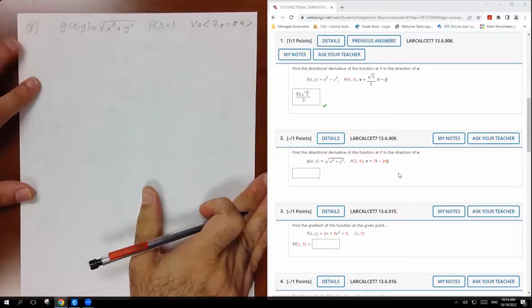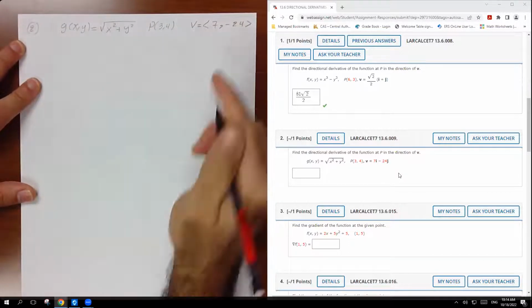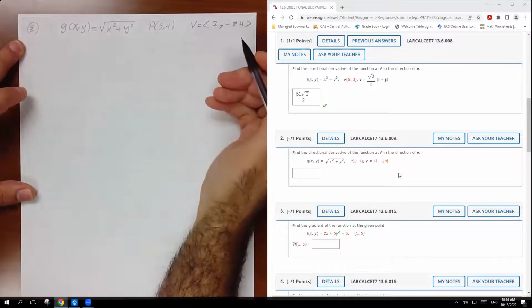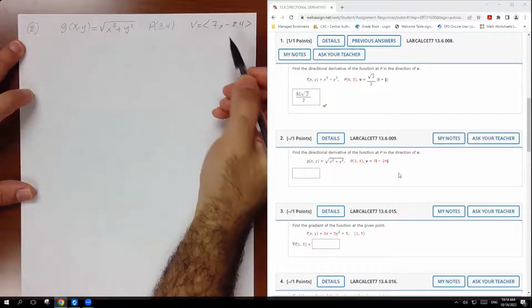Now, before I start working on this one, I need to check that the vector is a unit vector, because we have to work with the unit vector.